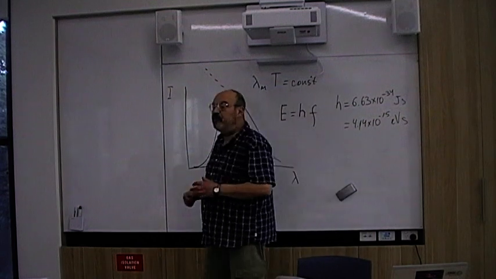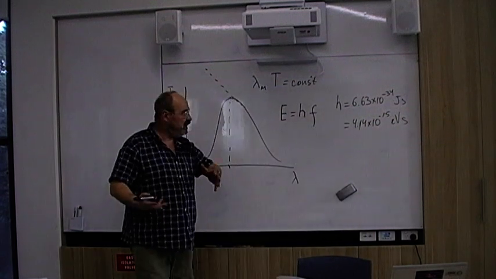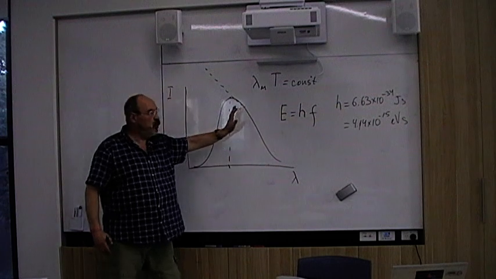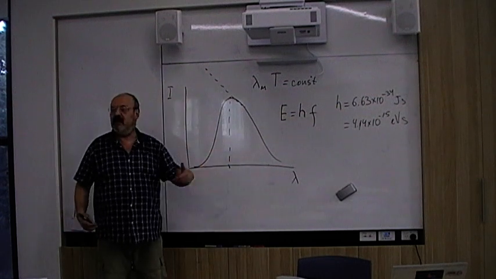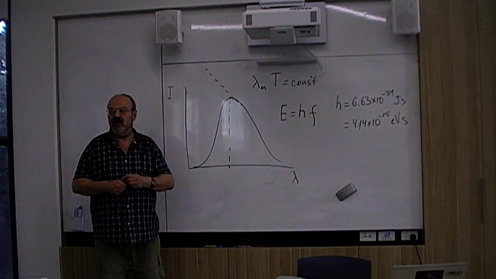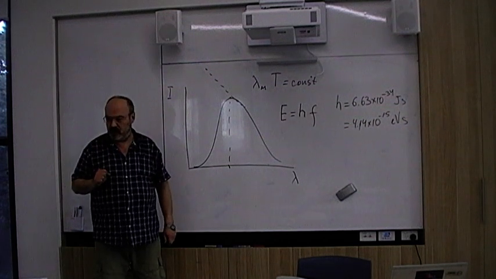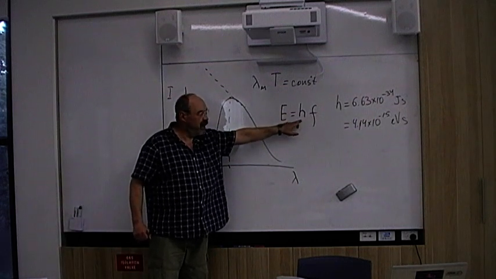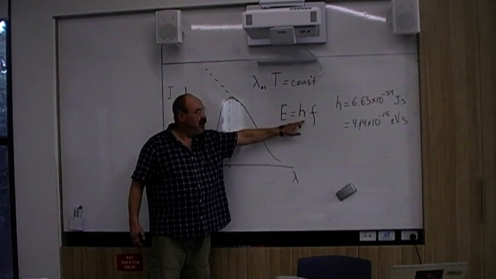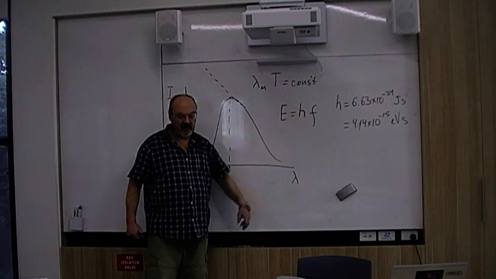So when Planck made this idea and did calculations, he perfectly received this curve. So that was Planck's idea, that the light is emitted in portions, and the energy of each portion equals Planck's constant times the frequency of the light.